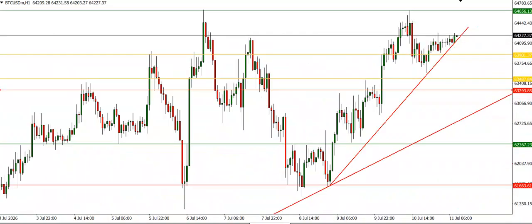But if you want to sell, like if we divide the chart into two, this area is our premium area where you can look for sell. And this area is our discount area where you can look for buy.